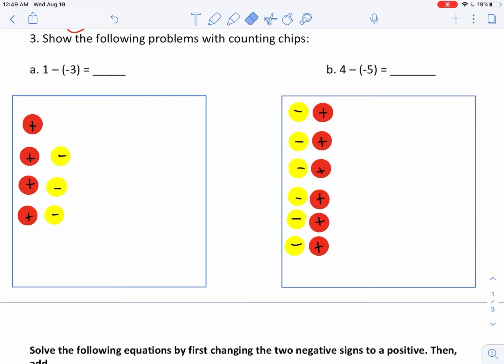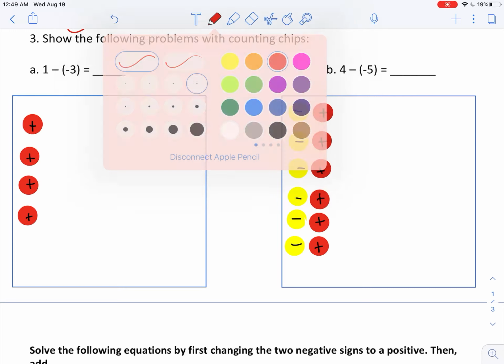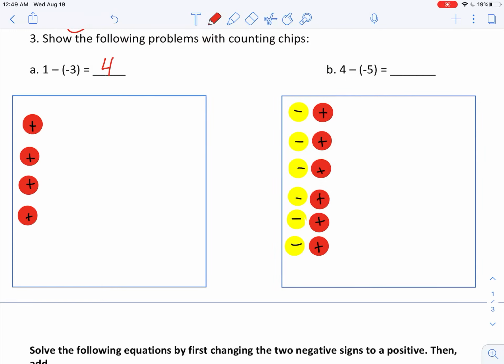And then I'm going to take away, so this subtraction means take away, and I'll take away 3 negatives. So I'll take away 1, 2, 3 negatives. And then what am I left with? Well, just positives, and I end up with 4 of them.